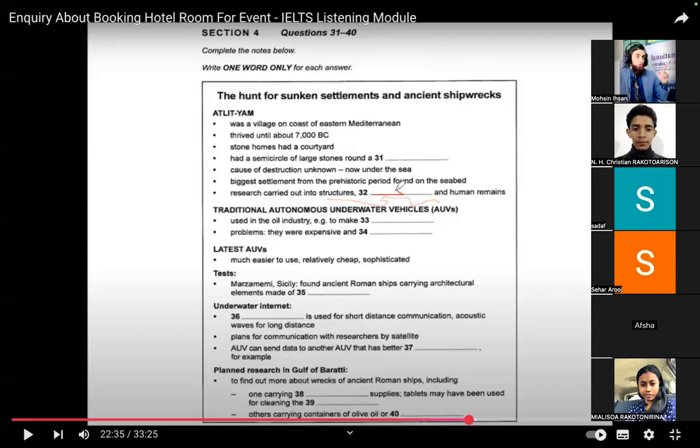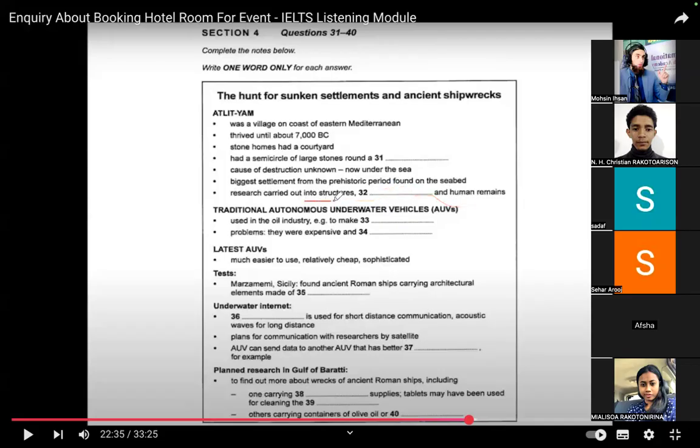Now, whatever the thing here would be, if we understand the remaining part, and along with that, as we mentioned in the points and the techniques, we must focus on the word before the blank, or the word that comes after the blank, like causes of destruction. Before causes of destruction, shape, size, name, or noun will be taken, right? And then here, into structures, shapes, again, and human remains.